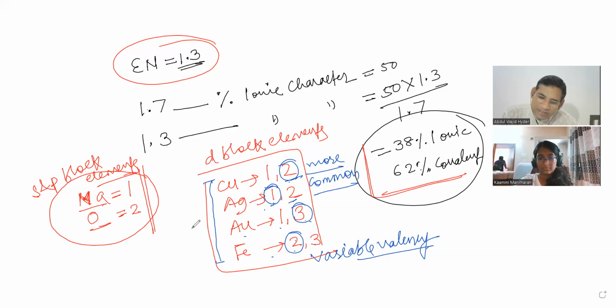Once I explain all those things, then you will be in a position to tell me all those things. We'll take time; overnight it won't be possible. What we are doing is very good, man. If you keep on doing like this, it will be very easy for you to enjoy chemistry.